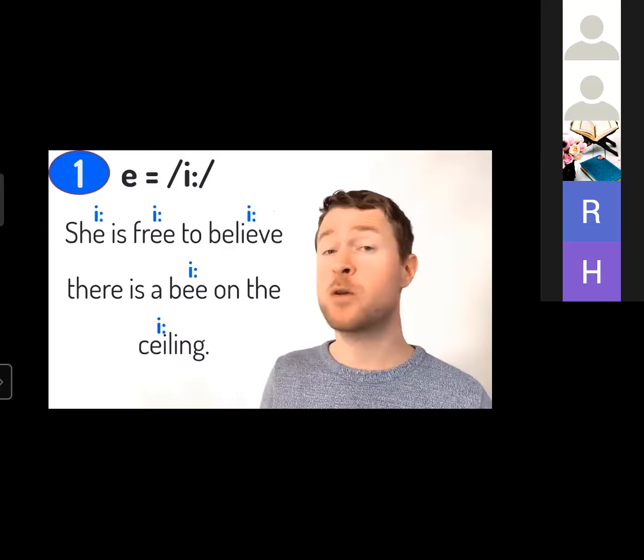So what is the first case to pronounce letter E as an E? Do you remember the first case? The first case was with short words, as in the examples: he, she, we, me, be.